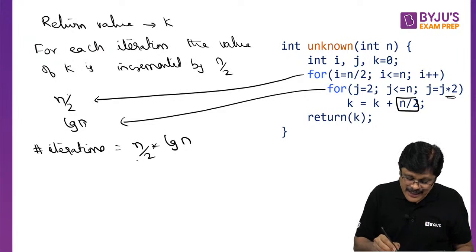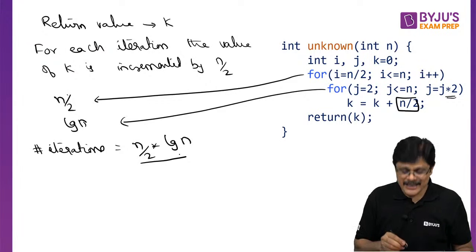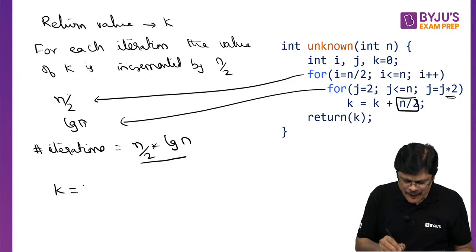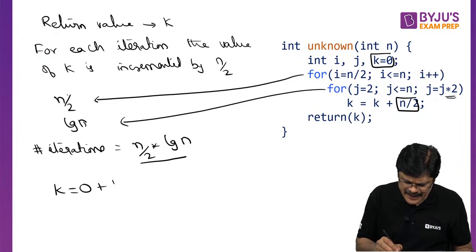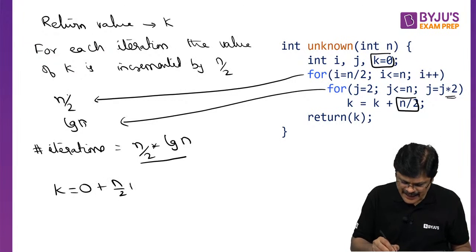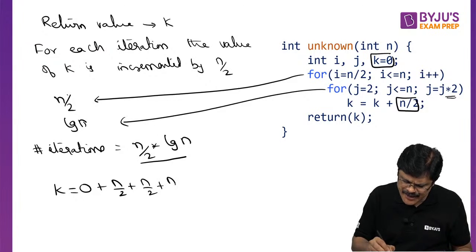Let us see that. Now this is the number of iterations. For each iteration, the k value initially is 0. For the first iteration you add n/2, second iteration you add n/2, third iteration you add n/2. How many times do you add n/2?